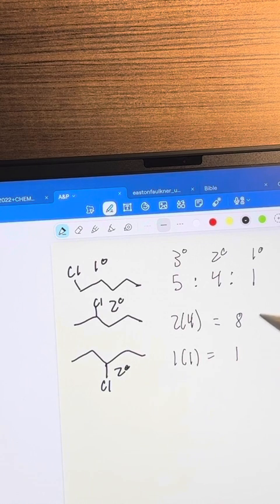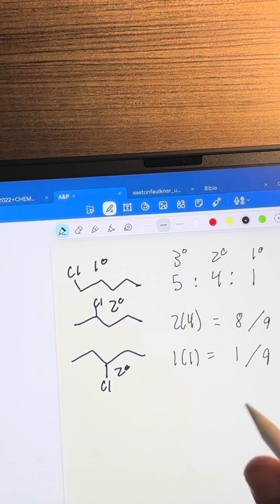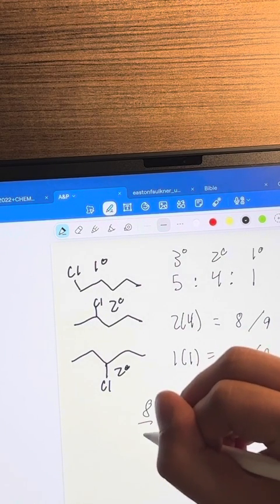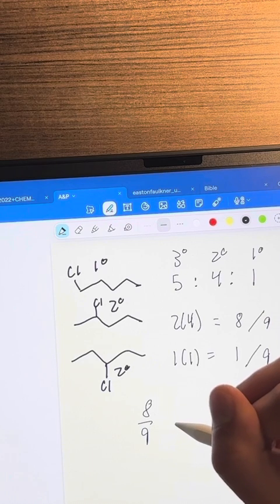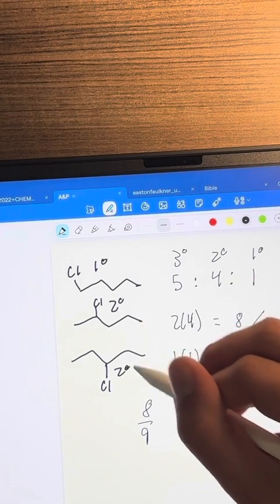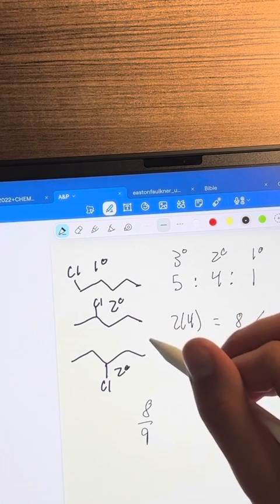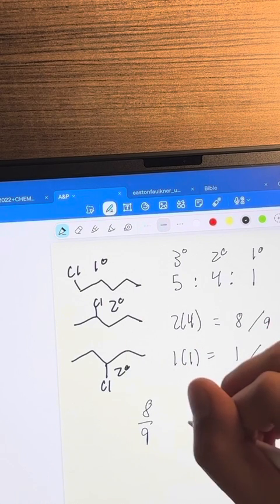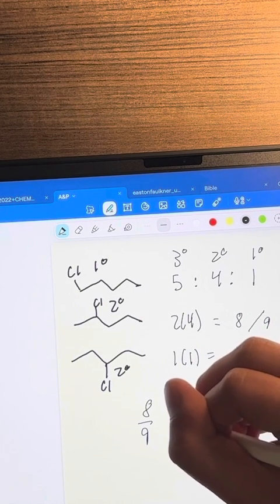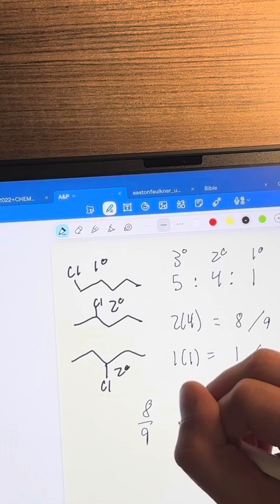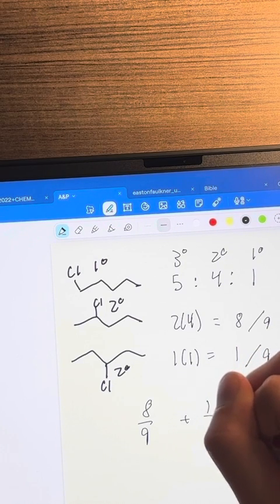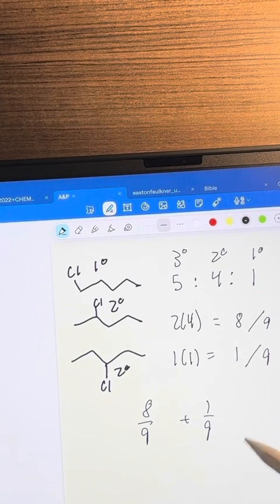Out of the total parts, that would be 9. So 8/9 of our products are going to be either these 2, which are both secondary, and 1/9 of them is going to be this primary.